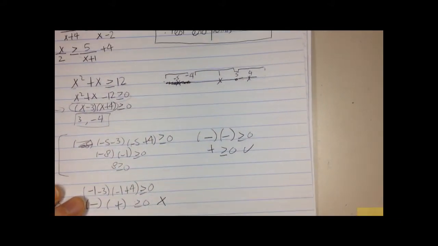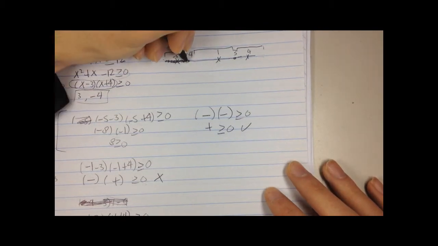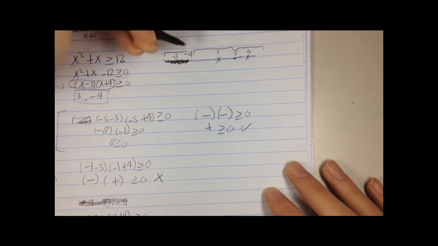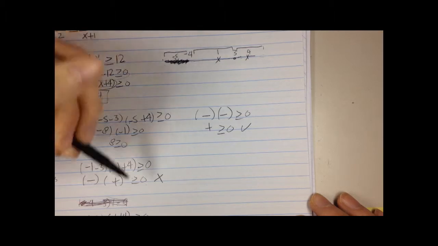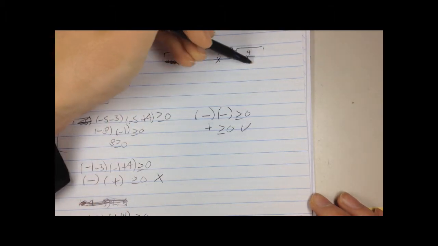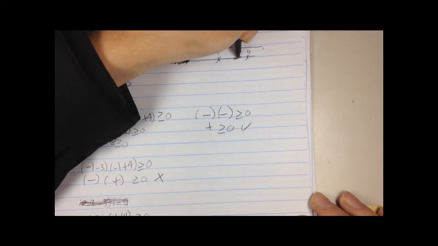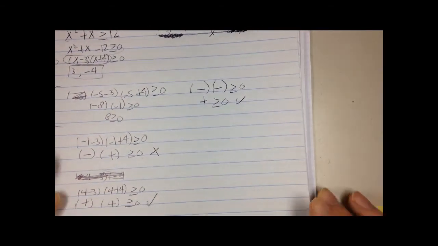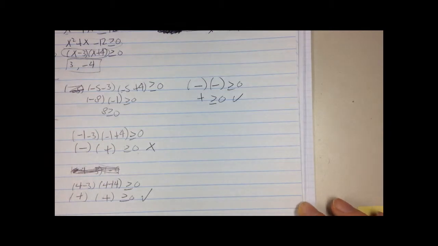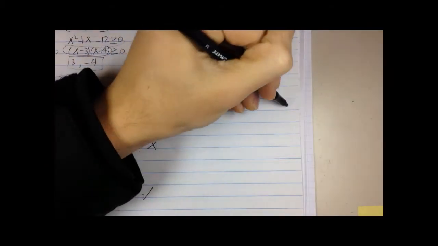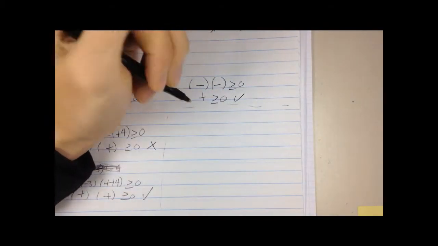And so if we go back to our number line here, this first range worked, this second one didn't, and we just tested this last range right here, and we know that all the points in there are going to work. So here, I'll just redraw our number line.